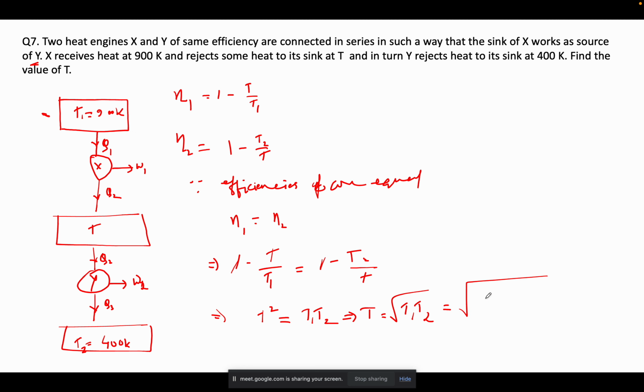So this will be basically root of 900 into 400, so it is 600 Kelvin. So if the power output is same, it is the arithmetic mean, and if the efficiencies of the two heat engines are same, it is the geometric mean.